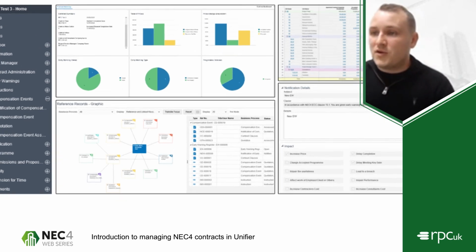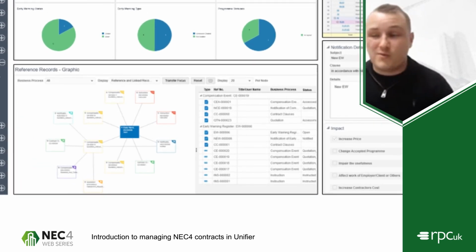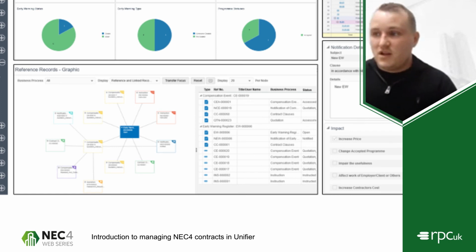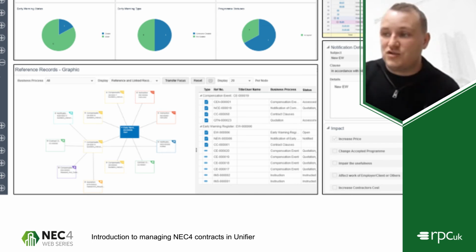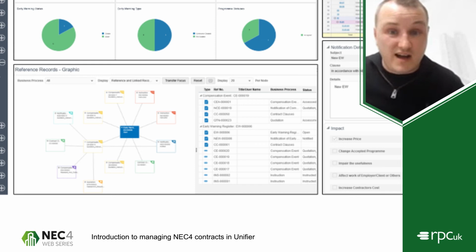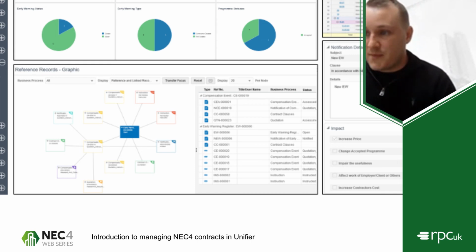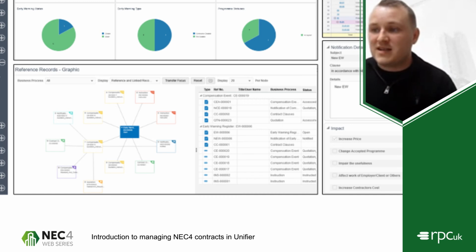The screenshot at the bottom there, the little spider's web we're seeing, is a visual representation of all the contract communications that have been notified on this particular contract. You can see on the right hand side the list of the communications, but I think as a visual, it's a lot nicer to look at that as the spider's web. You can see the little plus and minus icons against each notification there as well.